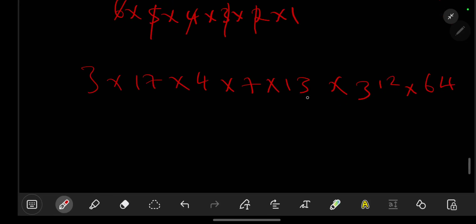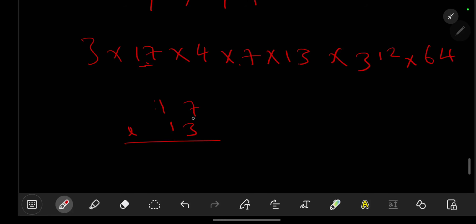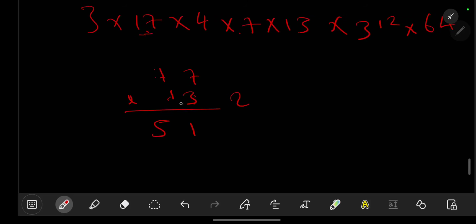We can just multiply some values, like the 4, 17, 7, and 13. Let's begin with our biggest values here. We can have 17 times 13, which will give us 21, 51. This times this, it will be 7, 1.